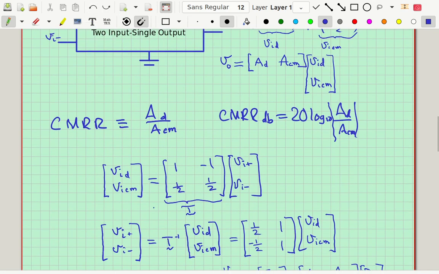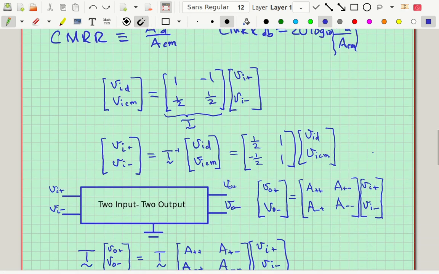Likewise, you can solve this backwards by multiplying both sides by T inverse to write the individual voltages, VI plus at the plus terminal and VI minus at the minus terminal, in terms of the difference voltage and the common mode voltage. And this is just the way you do this in a matrix way.